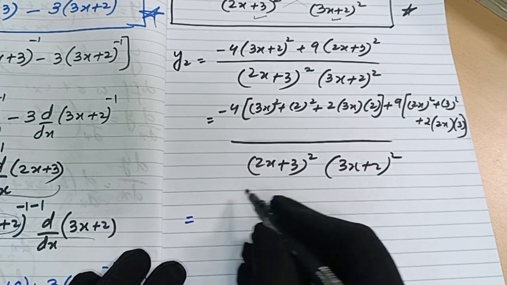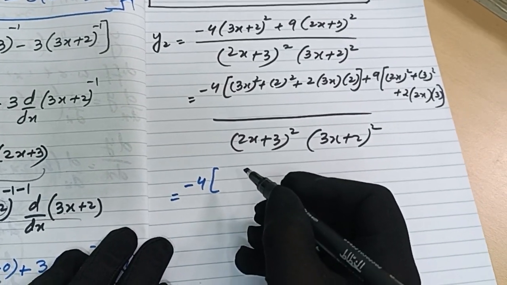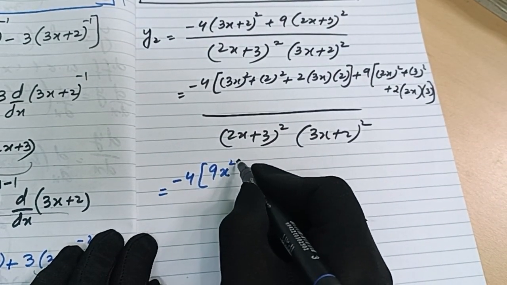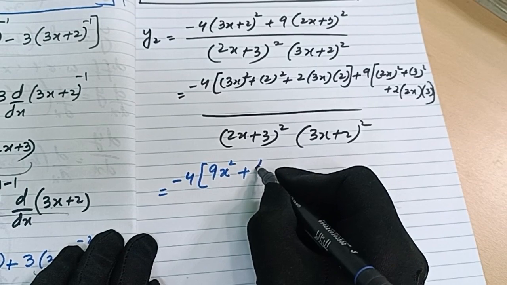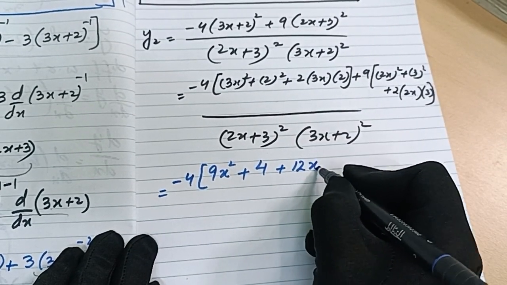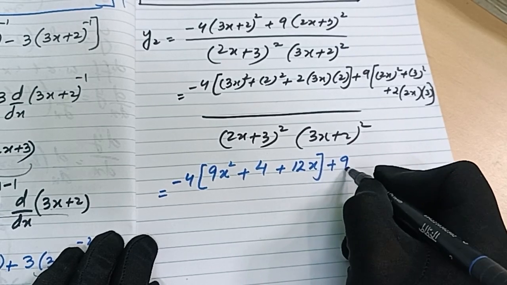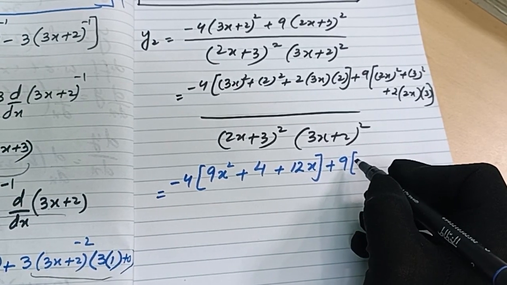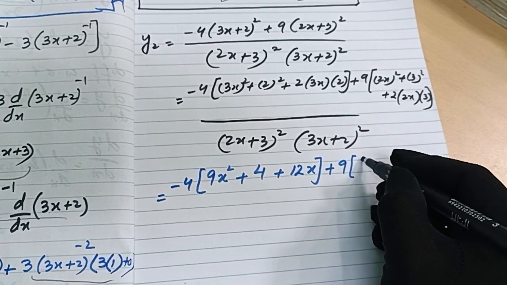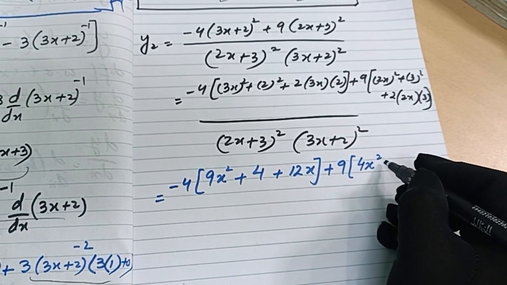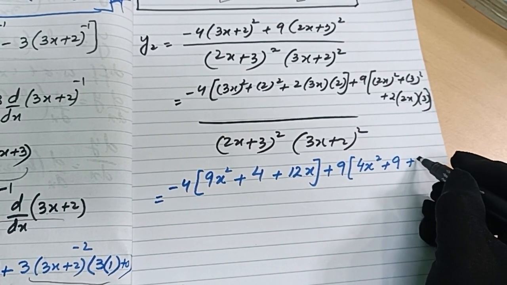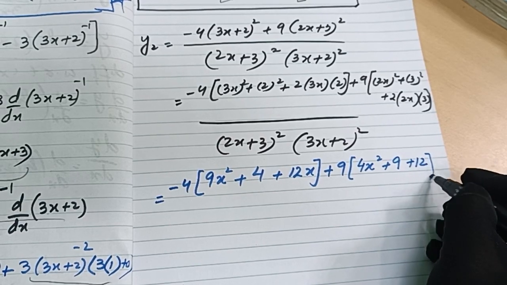The next line, minus 4. I'm writing the calculation a little directly. (3x) squared means 9x squared, plus 2 squared means 4, plus 2 3s are 6, 6 2s are 12x, plus 9 times: (2x) squared is 4x squared, plus 3 squared means 9, plus 2 3s are 6, 6 2s are 12x.